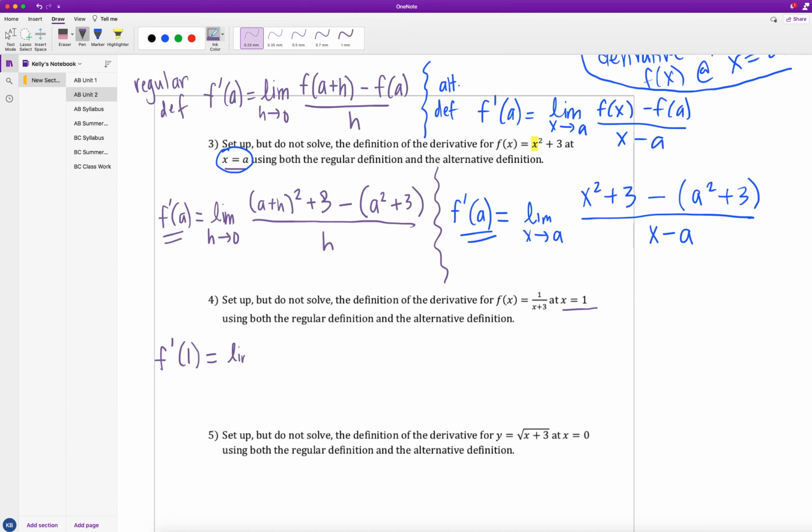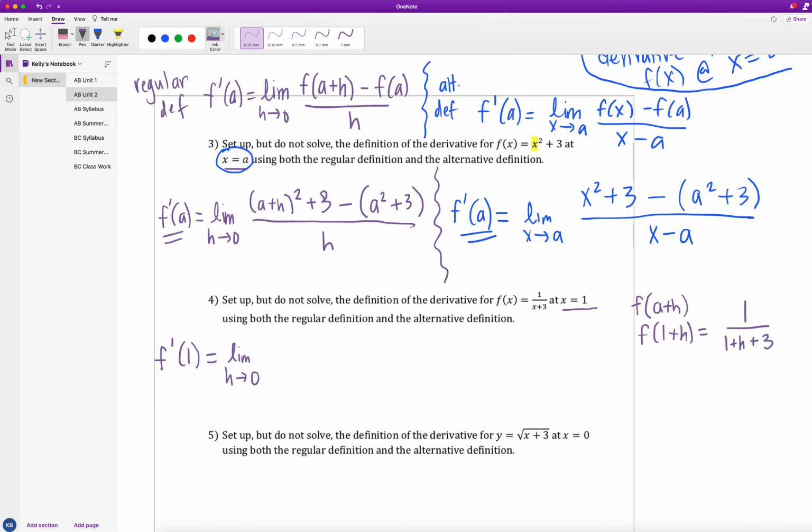So as we go to check this, we have the limit as h approaches 0 of f of a plus h. So our a value is 1. So I'm going to do this in kind of 2 lines up here and find f of a plus h, which for this example will be f of 1 plus h on its own first. That will be 1 over 1 plus h plus 3.